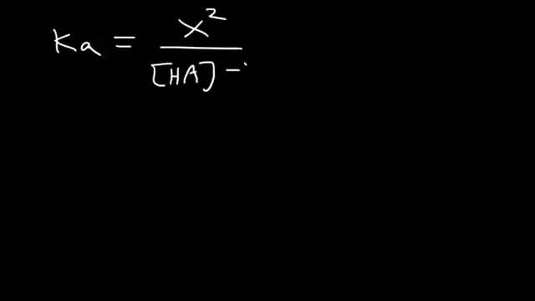So if you want to quickly get the answer, whenever you have a weak acid, and you're given the concentration and the Ka value, and you want to find the pH, let's simply review the steps. First, use this equation: Ka is equal to x squared divided by the acid concentration minus x. Now, if Ka is very small, like 10 to the negative 5 or less, typically you can ignore this x value.